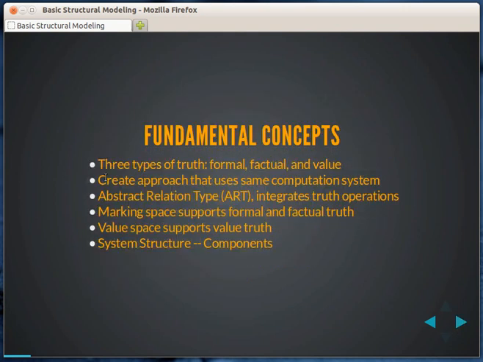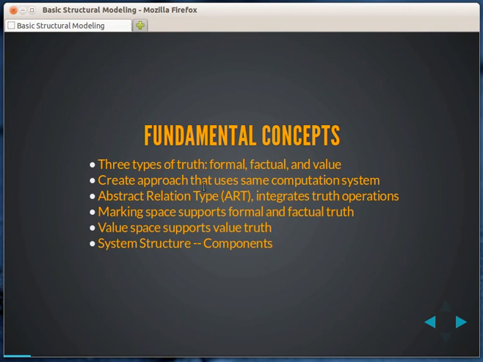So our fundamental concepts: we're operating on the fact that there are 3 types of truth that we need to consider, and we create an approach that uses the same computational system. Formal truth basically has Boolean algebra, has computer systems, and in some mathematics systems has a different symbol set, has a different type of mathematical approach.